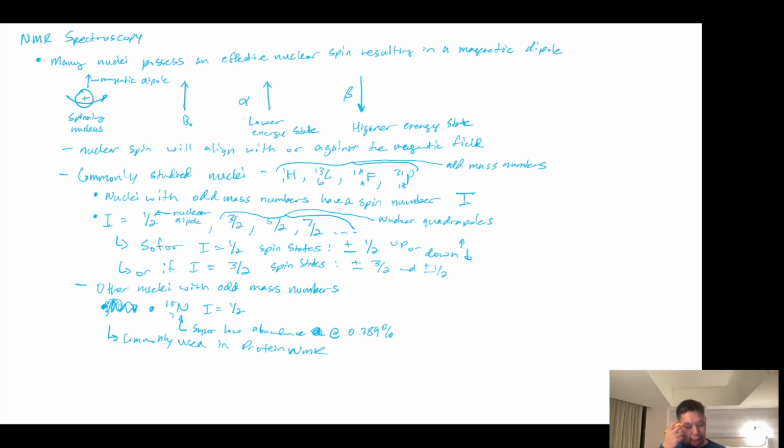Well, when we're growing our bacteria that are expressing our proteins, like you learn how to do in biochemistry, instead of giving it a normal media, we can actually give it an enriched media that usually includes nitrogen 15 ammonium chloride.